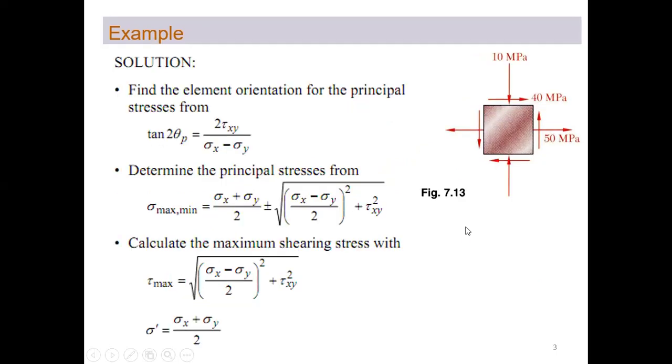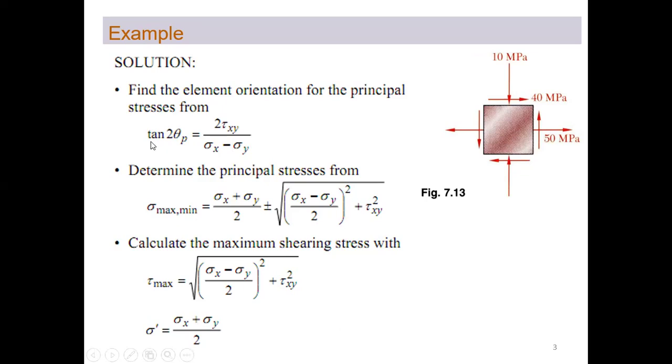As I told you, normally the axes are not given, so you could take the axes. We have to find the orientation of the principal stresses. This is the analytical model which could be used to determine the orientation of the principal axes.